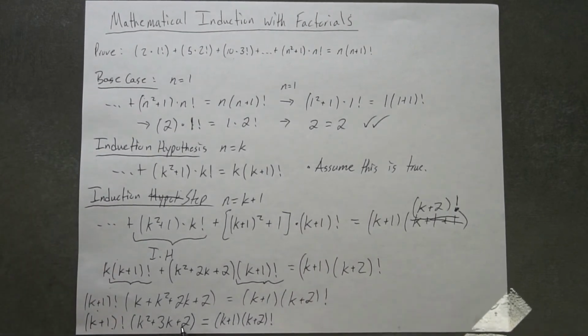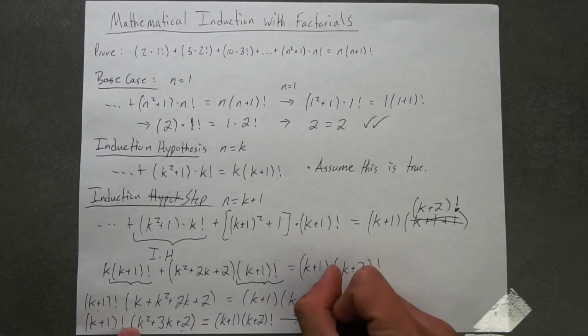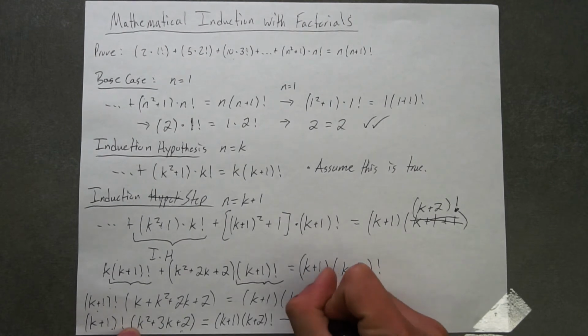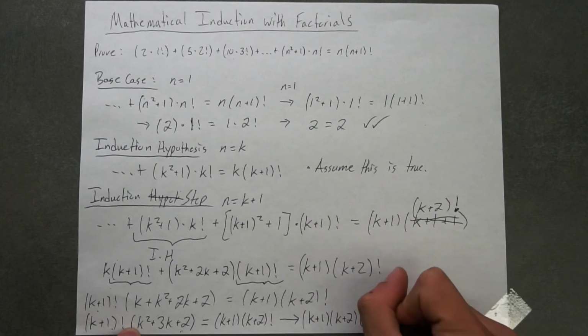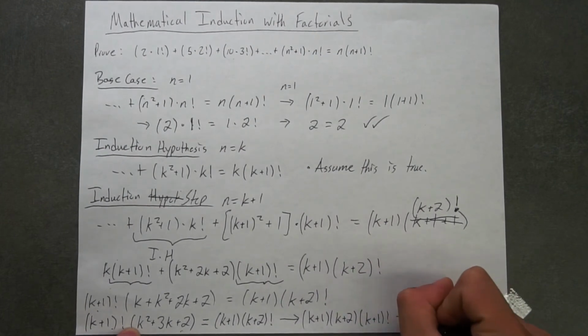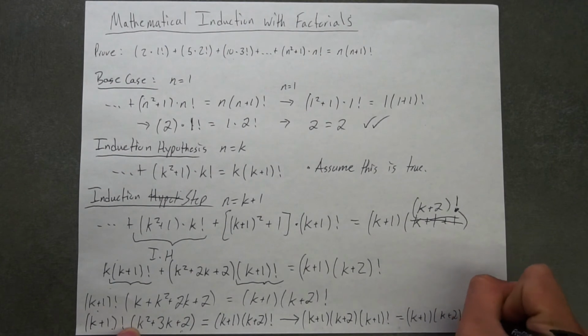And this is a factor. So factoring this out, we get k plus 1 and k plus 2 times k plus 1 factorial, and that's equal to k plus 1 times k plus 2 factorial.